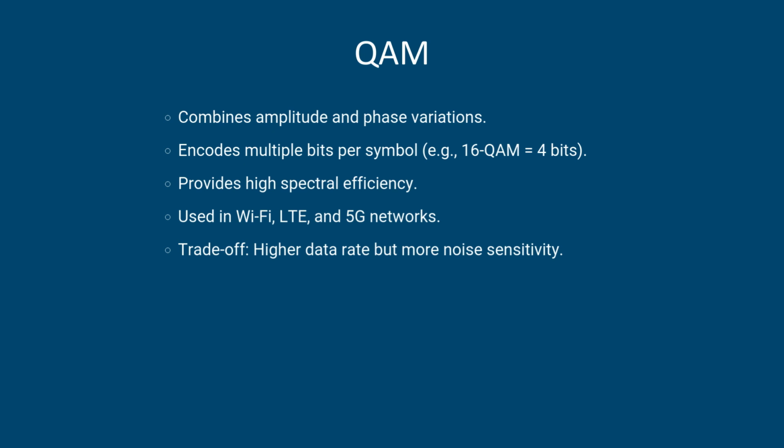QAM provides high spectral efficiency and is widely used in Wi-Fi, LTE and 5G systems. However, the trade-off is that higher order QAM is more sensitive to noise.